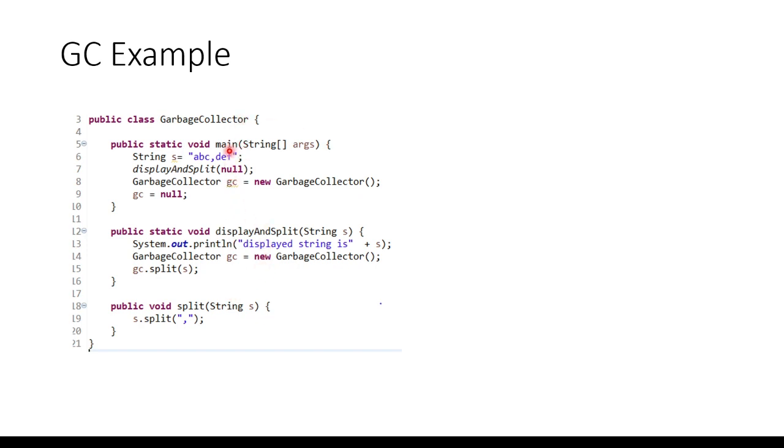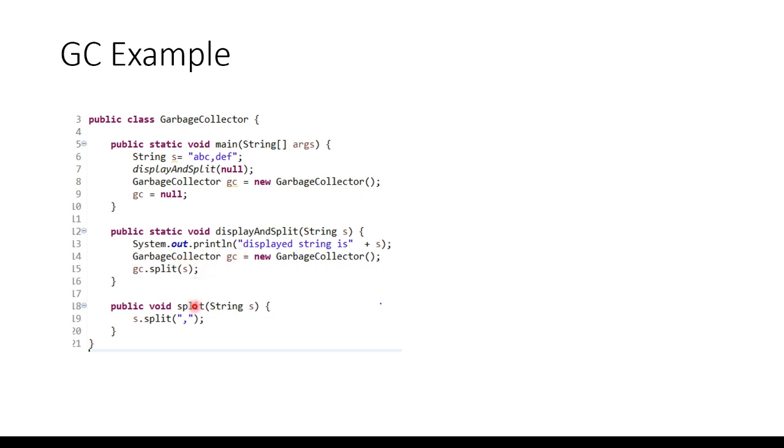One is the main method, which the JVM calls, then the display and split method, and the split method. The split method gets a string as input and splits it. The display and split method gets a string as input and displays it, then creates a new object for the GarbageCollector class and calls the split method.